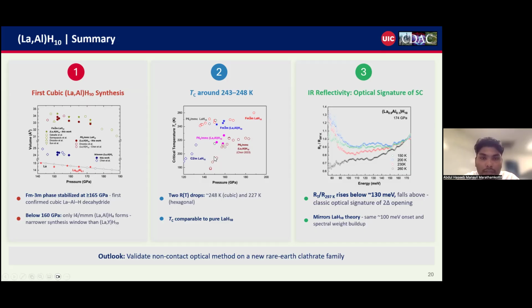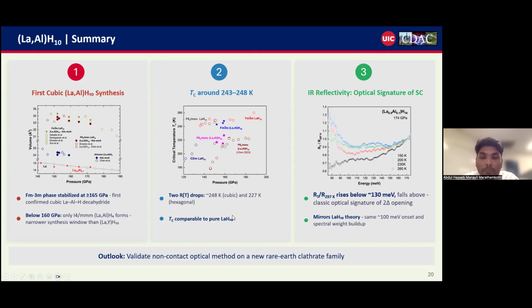Second, transport: the resistance drops approximately around 240 Kelvin for cubic systems and at around 227 Kelvin for the hexagonal phases. And third, the methodological contribution: the IR reflectivity data shows the classical optical signature of a superconducting gap around 130 meV. The spectral weight redistribution below 2 delta mirrors the LaH10 theoretical prediction.